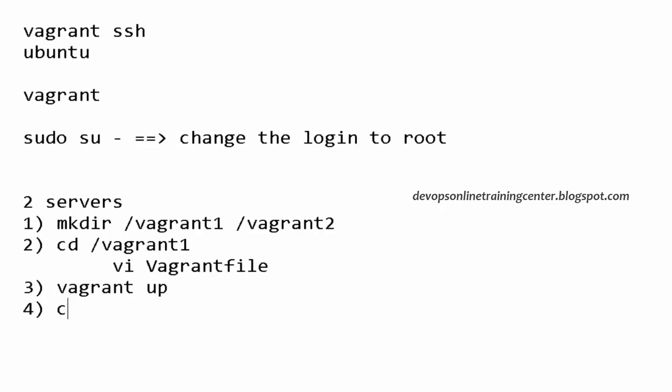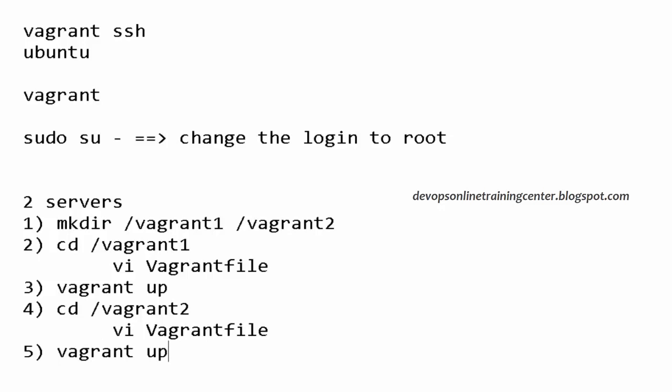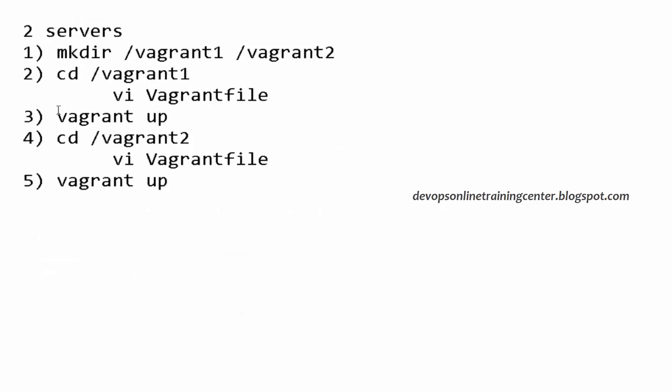Next go to the other directory, vagrant2, and again create the Vagrantfile, then say vagrant up. So you have 2 VMs ready now. Go to vagrant1 and run vagrant ssh once it is ready. The same way, open 2 terminals, go to vagrant2 and say vagrant ssh. Now you have 2 machines ready.